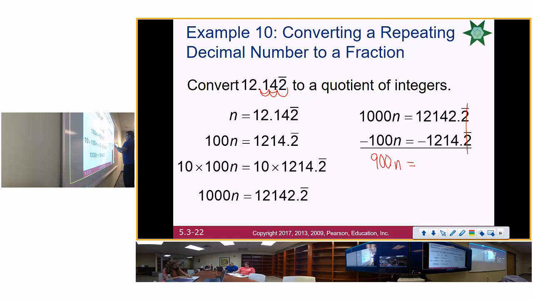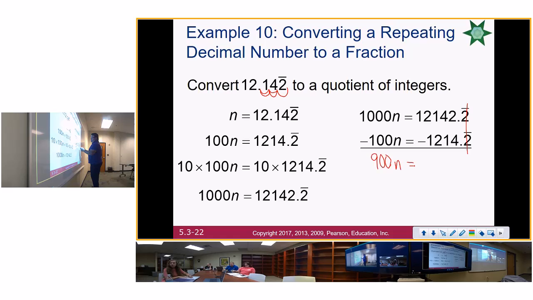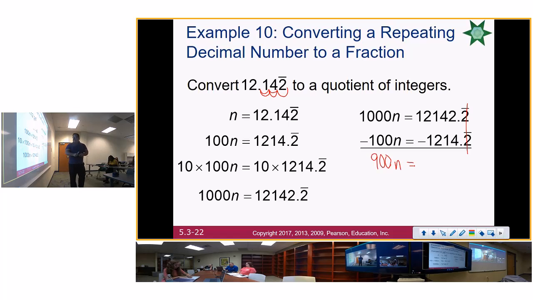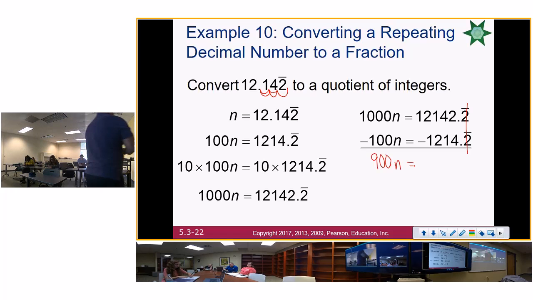somebody take your handy dandy calculator and take 12,142 minus 12.14. What do you get? I'm sorry, say again? 10,928.